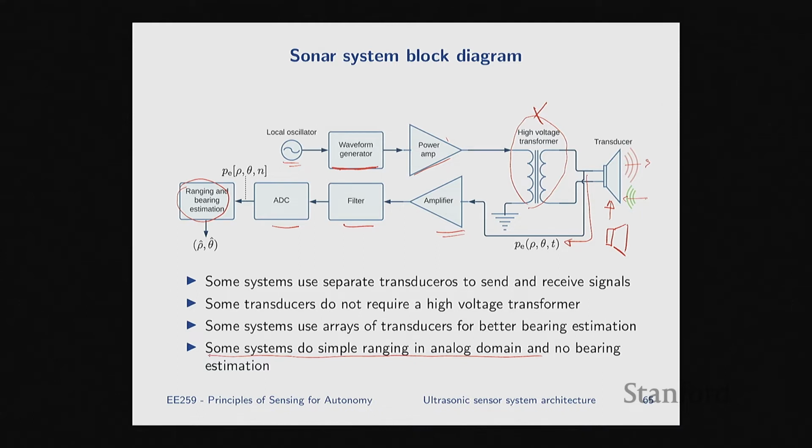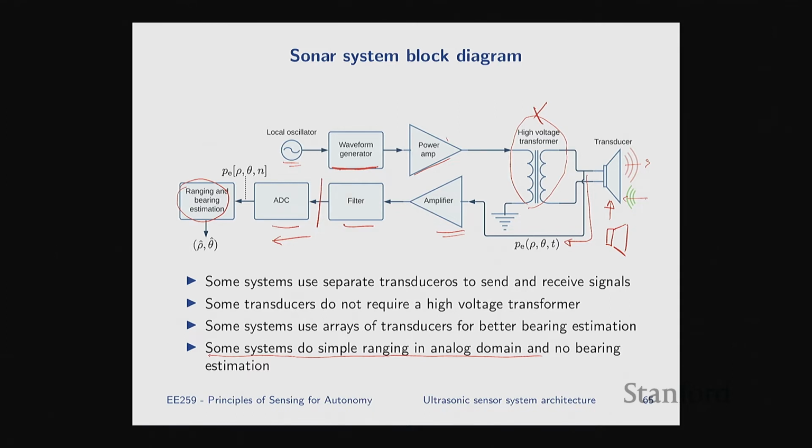You don't need to go to the trouble of digitizing your signal and then doing fancy DSP on a microcontroller or something like that. What you can do is, in analog, build very simple circuitry that just does some thresholding on the received signal, and if it goes above a threshold, they kind of say, oh, I'm detecting something, and this is the range.